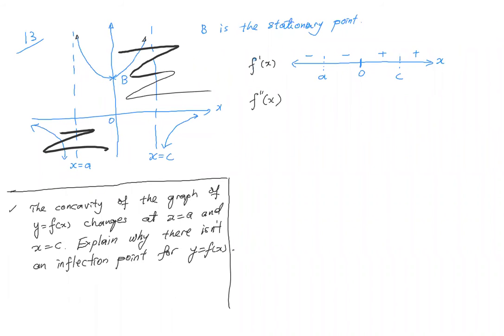So my f double prime x sign diagram. What are the values that I must mark on the f double prime x sign diagram?